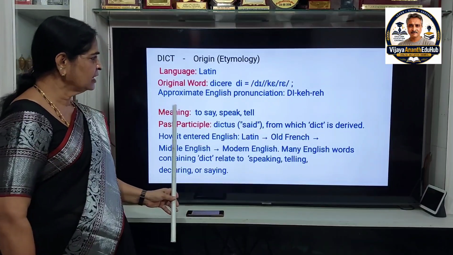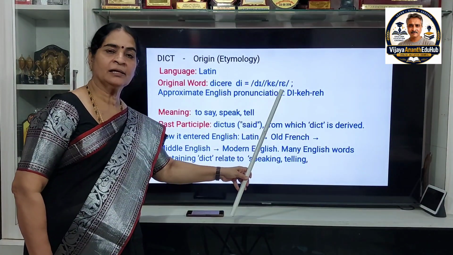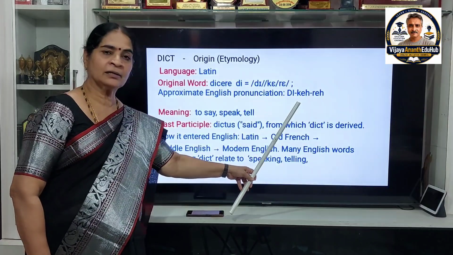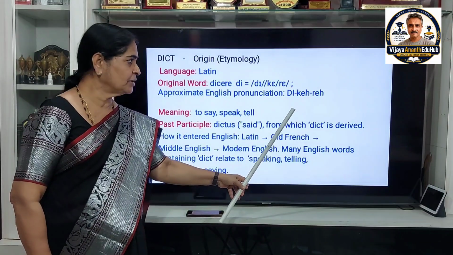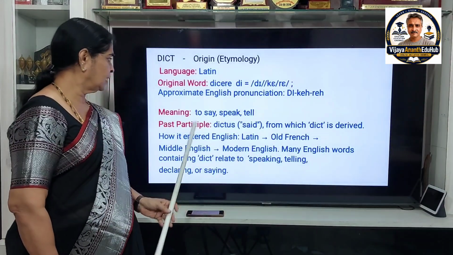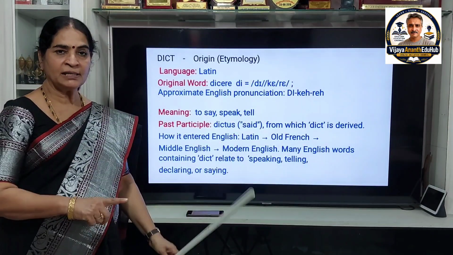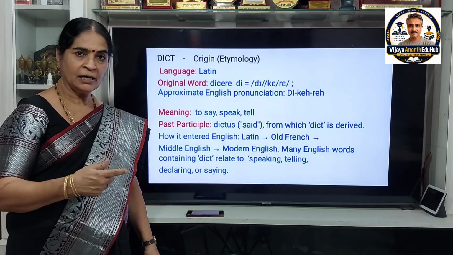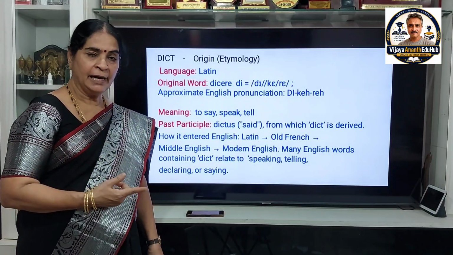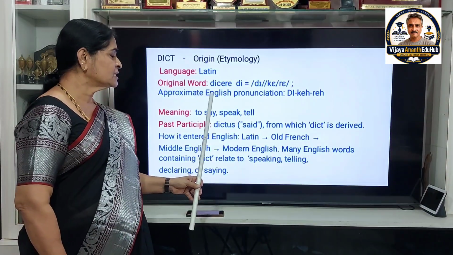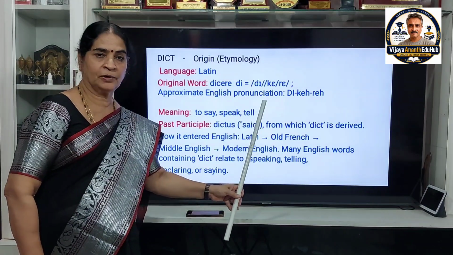Its English pronunciation is given in IPA, but in English also approximately it is given as Dictator, okay? It means to say, to speak, to tell. It originated from the Latin language, and the word from which it originated is dicere.